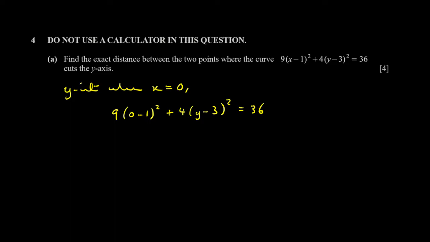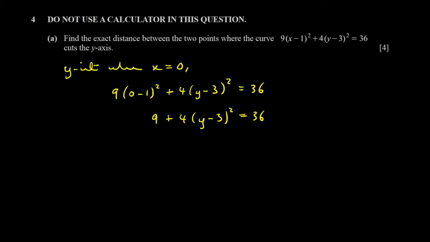Well, 0 minus negative 1 is negative 1, and negative 1 squared is positive 1. So this is 9 plus 4 bracket y minus 3 all squared is equal to 36. I am going to subtract 9 from both sides. So 4 bracket y minus 3 all squared is equal to 36 minus 9, which is 27.